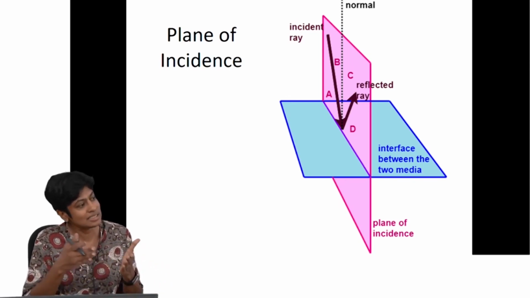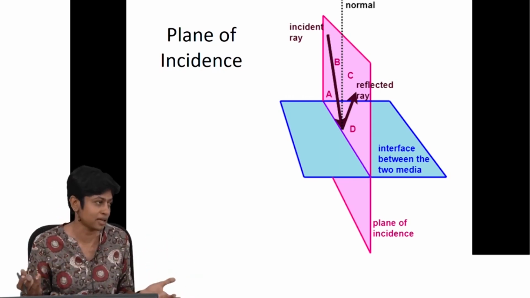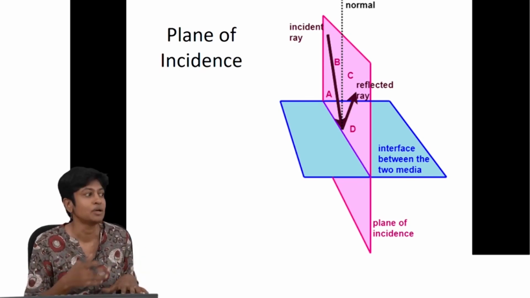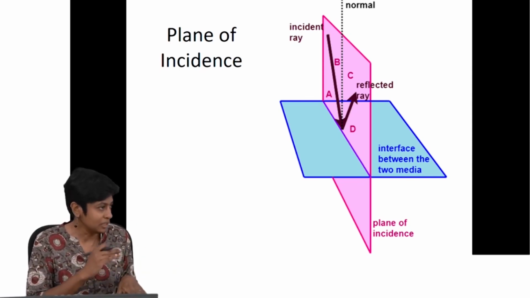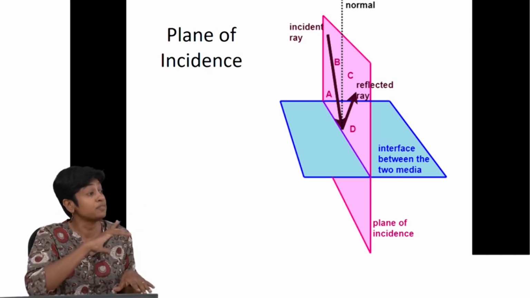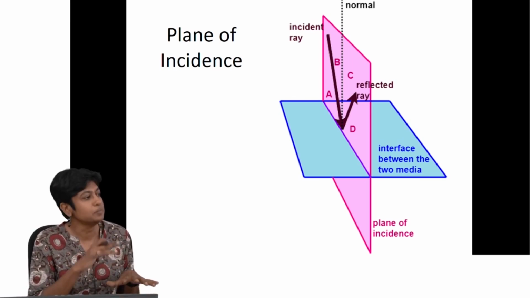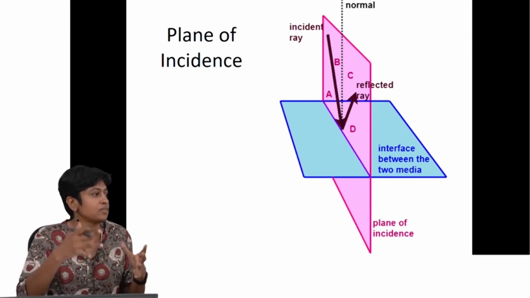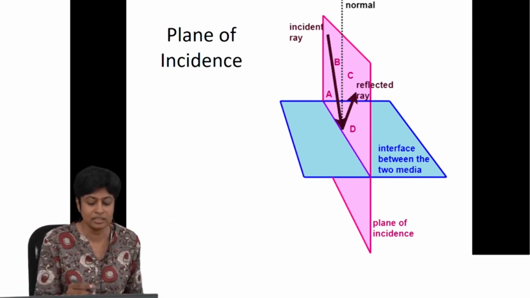Depending on the dimension with respect to the wavelength, you get different types of scattering. But in reflection, light hits an interface. An interface means you had a medium with a certain refractive index, and you now have a medium with a different refractive index, or a medium where the refractive index is a function of position. So, there is an interface.